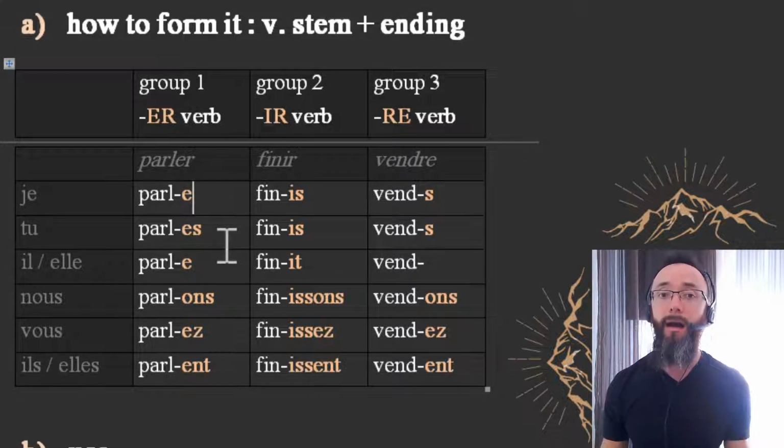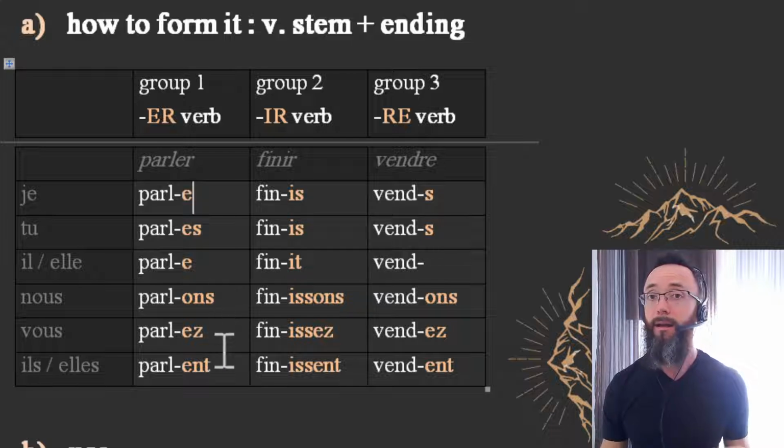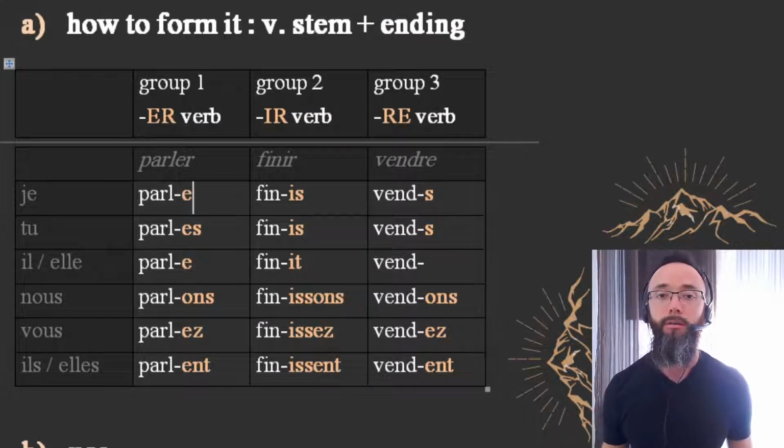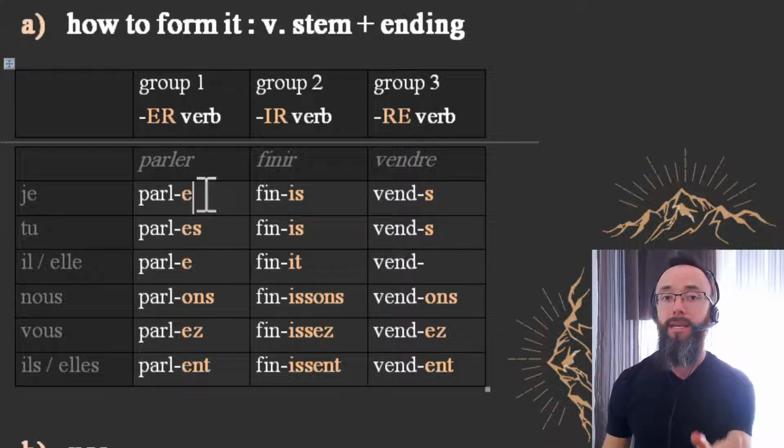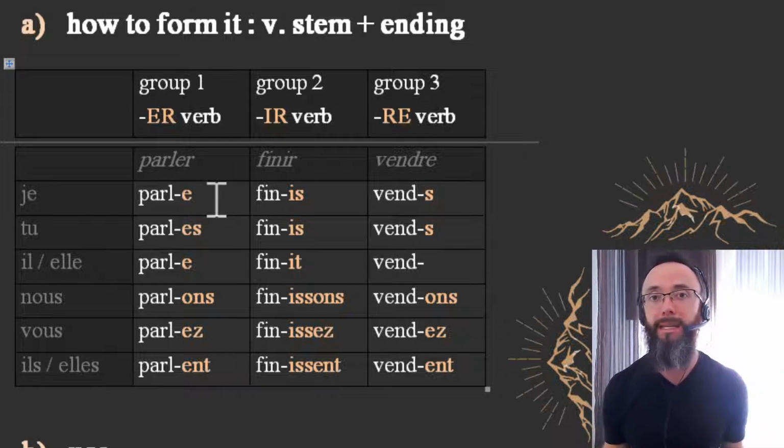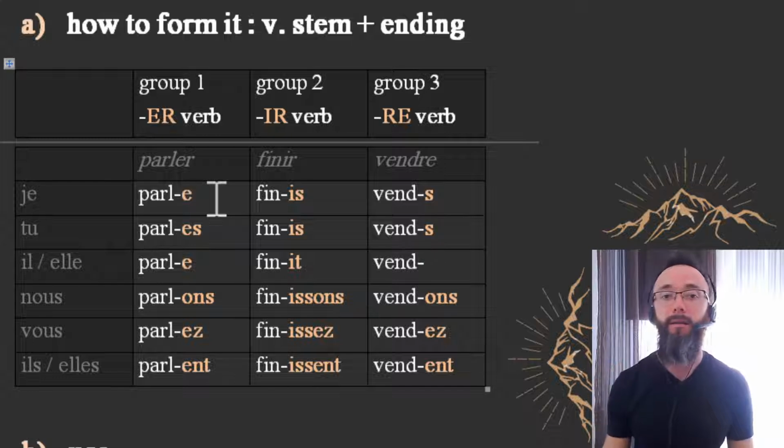Je parle, tu parles, il parle, nous parlons, vous parlez, ils parlent. You probably hear that I'm not pronouncing the E out loud. I'm not saying "tu parles" with a full E. Every time you see that E at the end, E or ES or ENT, we're going to have an almost mute E. Je parle, tu parles, il parle.